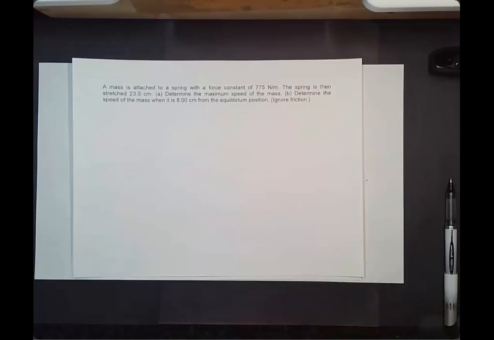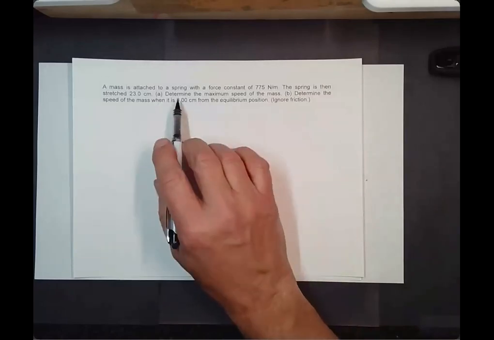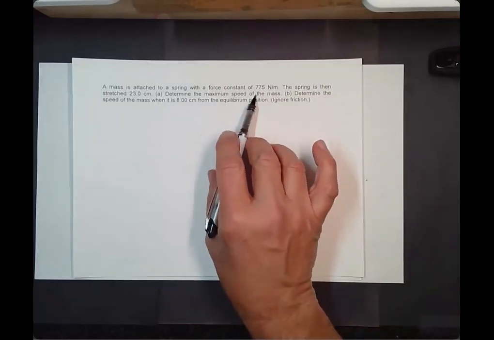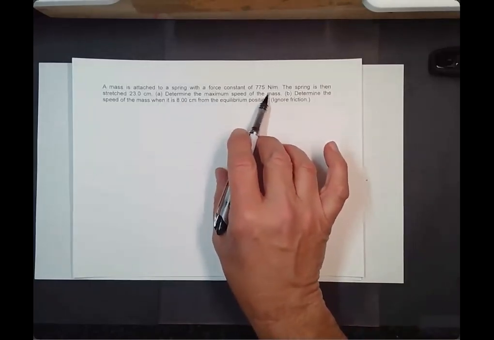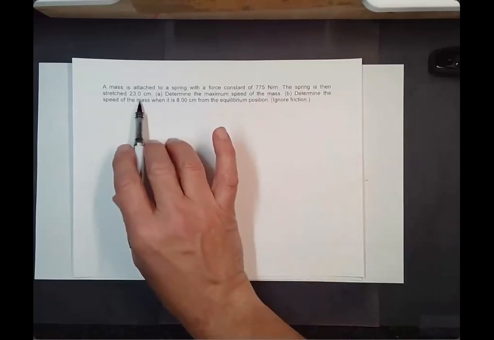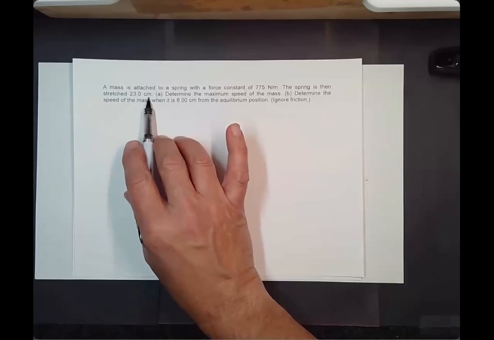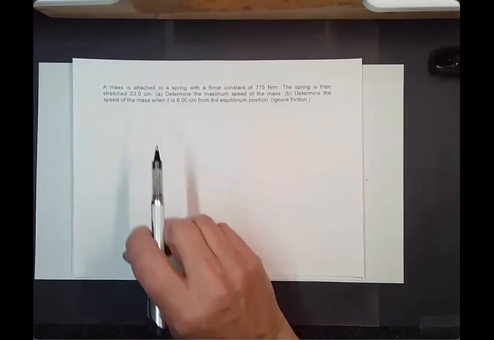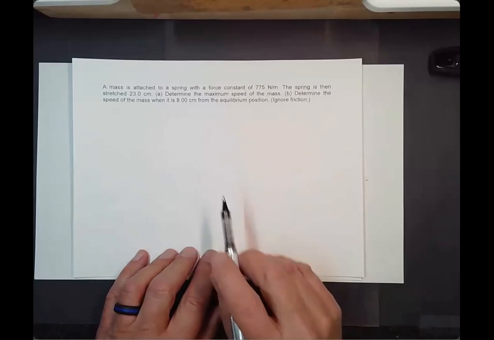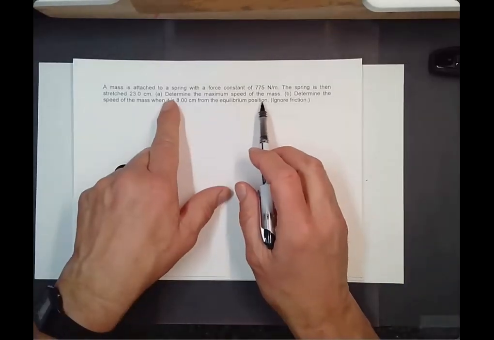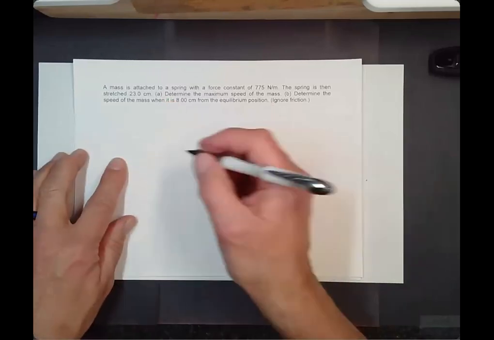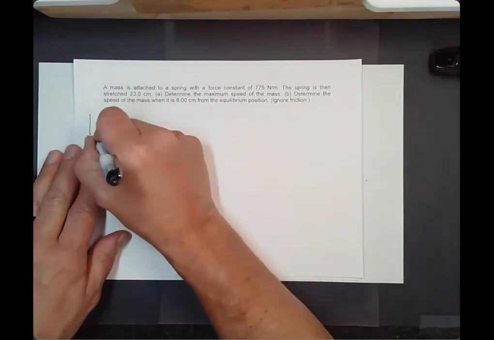Here's one other friction-free problem. The mass is attached to a spring with a force constant of 775 newtons per meter. The spring is then stretched by 23.0 centimeters. And I forgot to mention that we let go of the mass at some point, and we want to determine the maximum speed of the mass. So here's the situation.